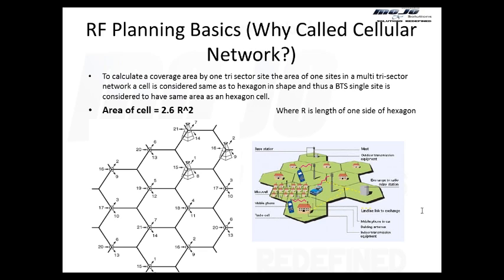RSRQ and SINR both refer to the quality of the LTE network. Yes, RSRQ and SINR both refer to the quality of the radio network. Absolutely right. But in the network algorithms, if you go to optimization, you will see SINR is being used in LTE. The UE reports RSRQ, but that RSRQ is converted back into SINR. They are interchangeable; you can convert SINR into RSRQ and RSRQ into SINR mathematically.